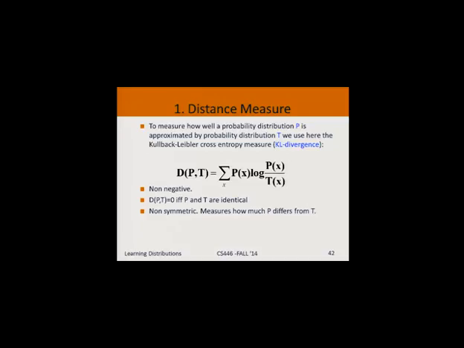For example, you can define an L2 distance. For every data point, look at what P1 says about this data point and what P2 says about this data point, and take the absolute value of this and sum them over the data points. Or take the square of this or something like this. Very easy to define distances between functions, right, if you think about it.